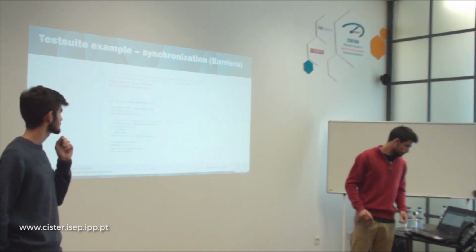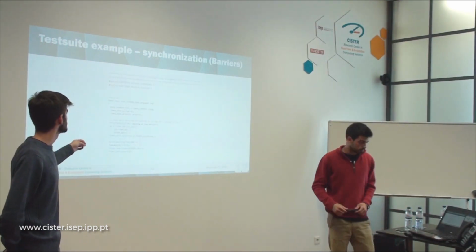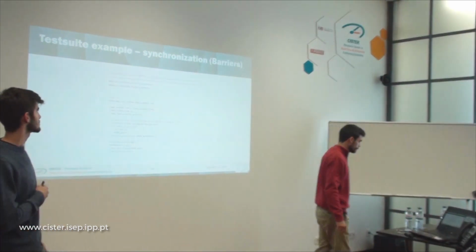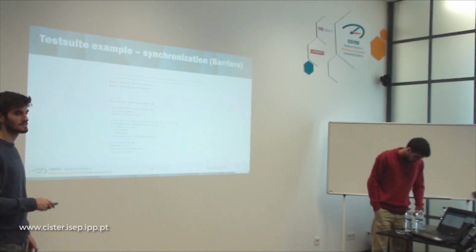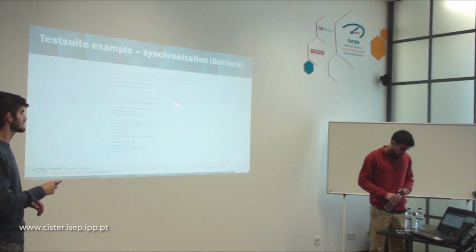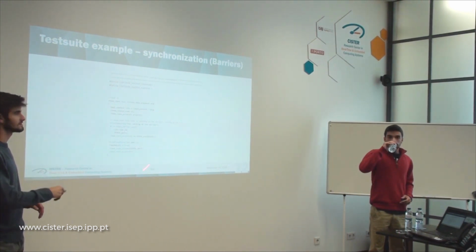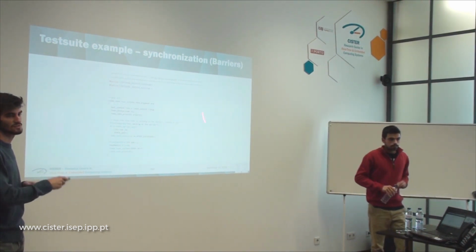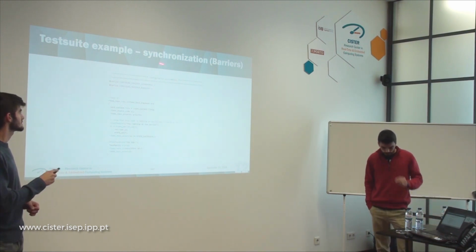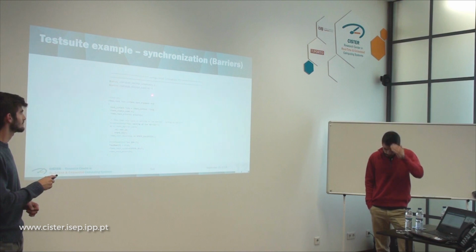Yeah, just a small example from a test suite related to synchronization. I don't know if it was clear, but the test suites revolve around the configuration information and then the whole sequence of executions. So in this case we must configure the number of barriers.